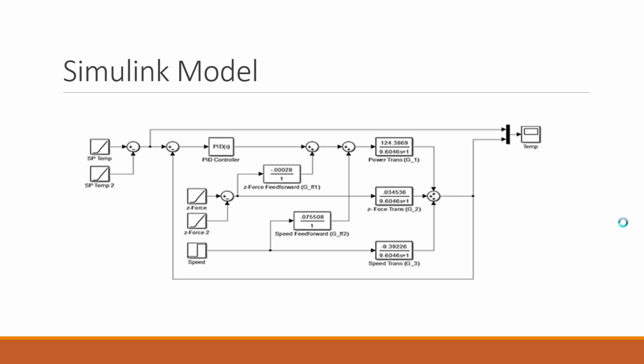So we have our KP1, KP2, and KP3. And with our PID controller, we just used a PI controller, and we took the P value as 1 over KP1, and our I value as P over tau. And in order to model it like how the process does, we have ramps for our set point temperature and our z-force. And for our speed, we just use a constant speed.